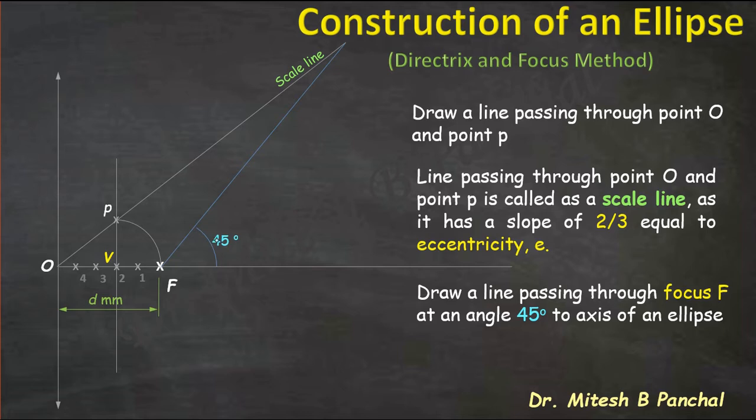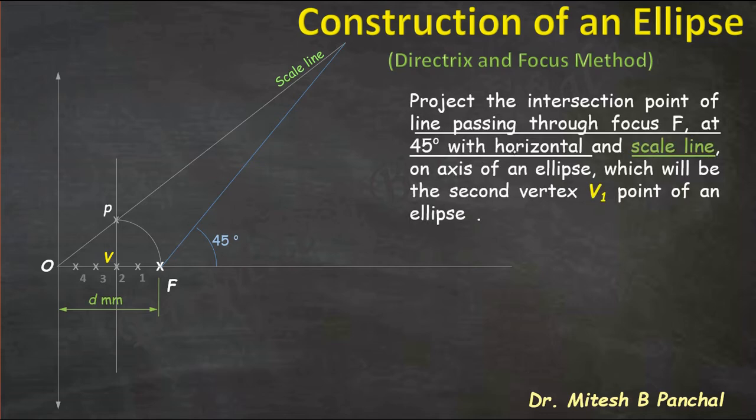So from F, draw a line at an angle of 45 degrees which will intersect the scale line at this particular point. Now project the intersection point of the line passing through the focus at 45 degrees and the scale line on the axis of the ellipse, and that will give you the second vertex point, that is V1.